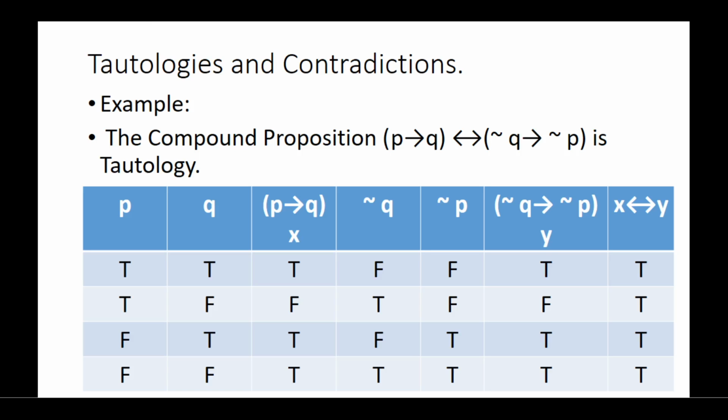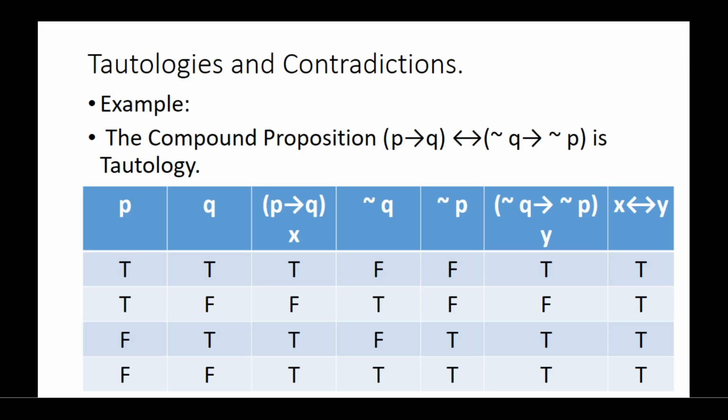For example, the compound proposition (P implies Q) double implication (negation of Q implies negation of P) is a tautology. So this is an example of a tautology statement. Let us explain. For the first row, P is true, Q is true.